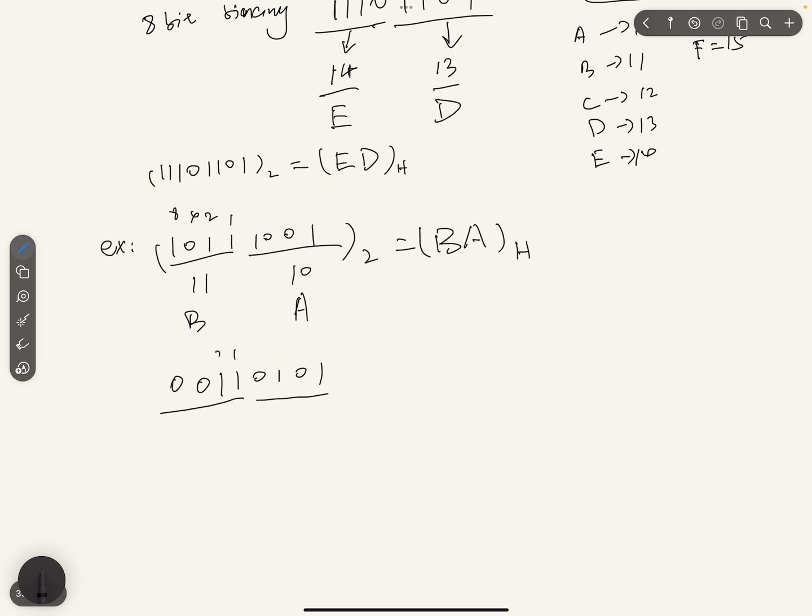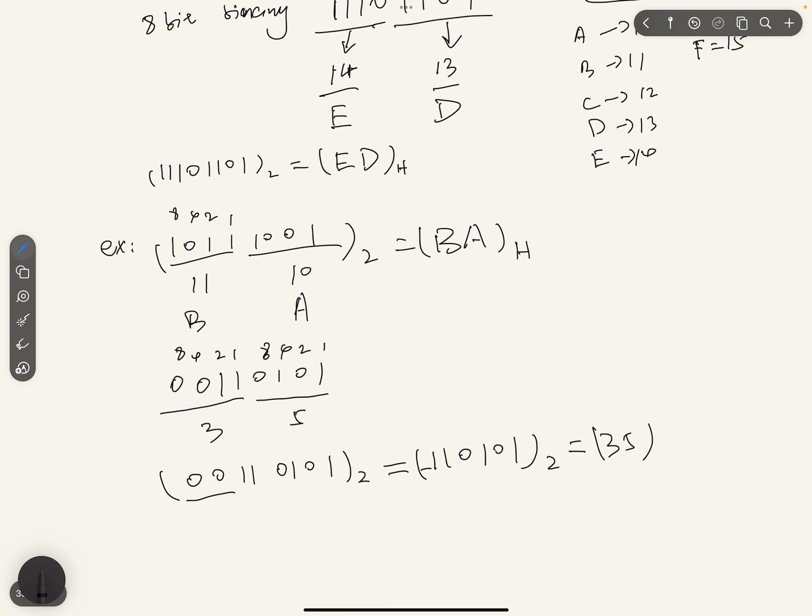So we have 3 here, 1, 2, 4, 8, weight for each digit. So that would be 5. So 0 0 1 1 0 1 0 1 is the same as 1 1 0 1 0 1, because we only add 2 leading zeros that won't change the number itself. So it will be equal to 35 in hexadecimal.